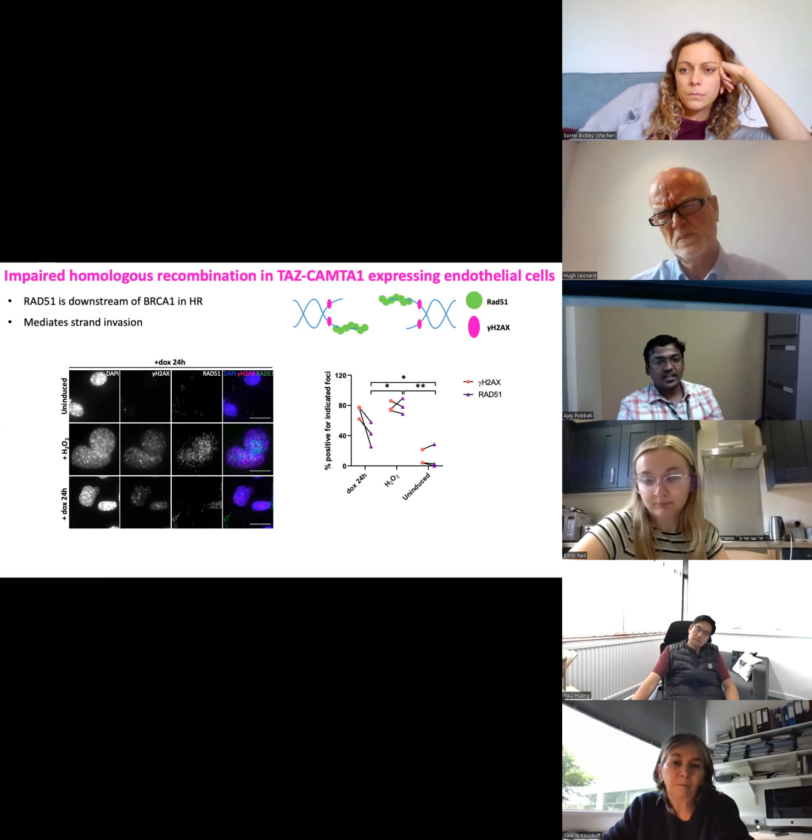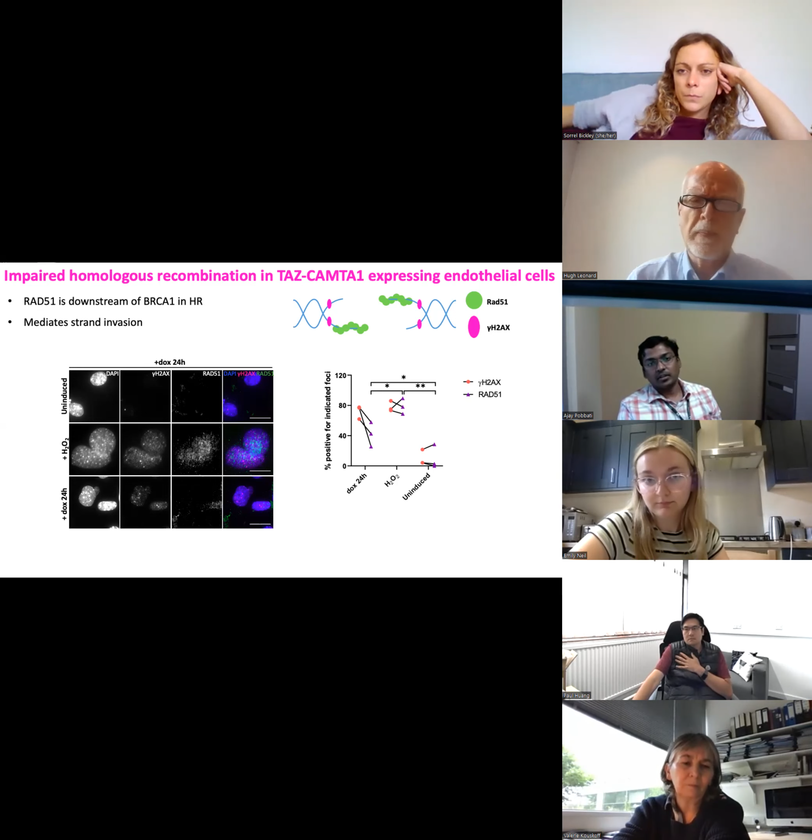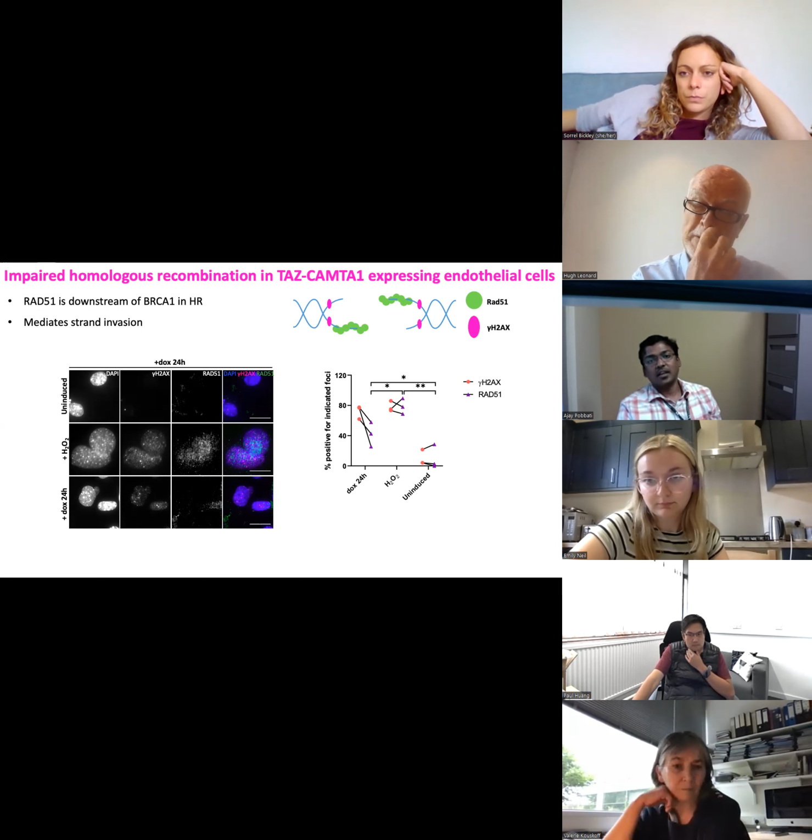By aggressive, I mean an increase in Ki67 staining, and the mice die earlier. So this fits with the clinically observed thing where a secondary mutation in addition to the TC expression causes an aggressive phenotype.